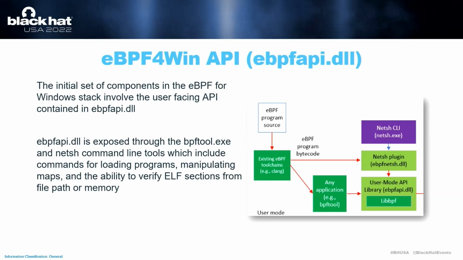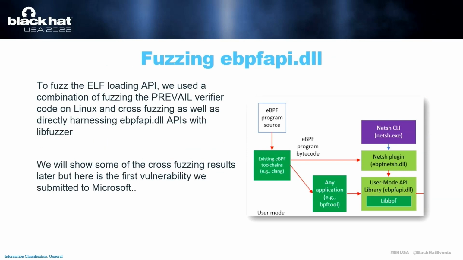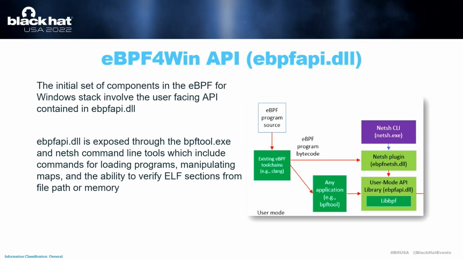It's the equivalent of executing the system calls directly. And it does come with two tools that you would interface with. One is a standalone tool called BPF tool, and another is a plugin to the NetShell Windows kind of WMI backend.